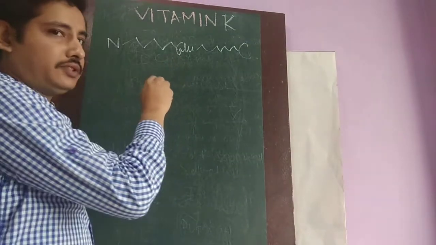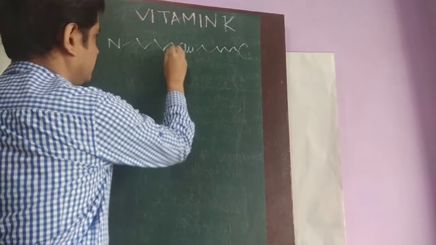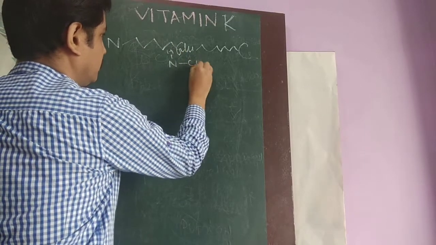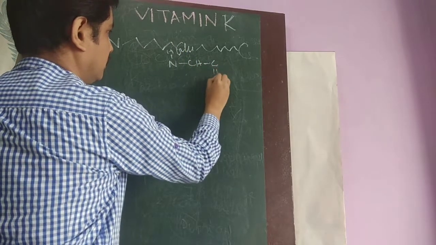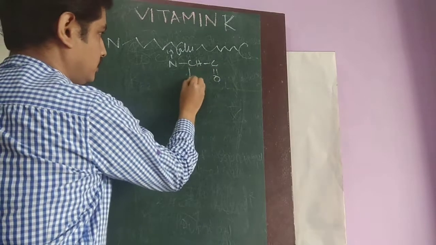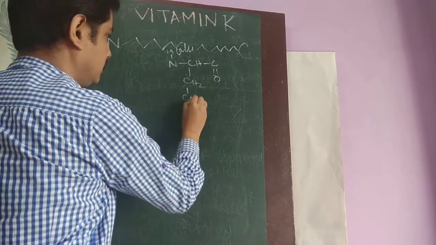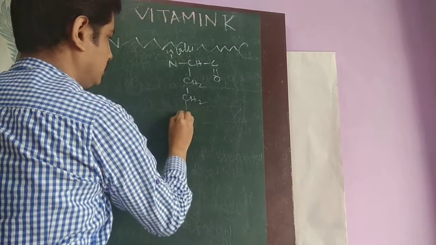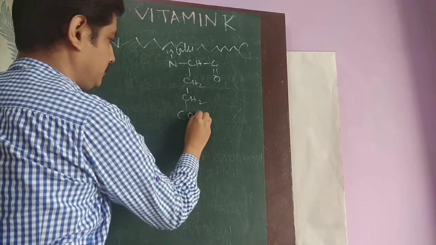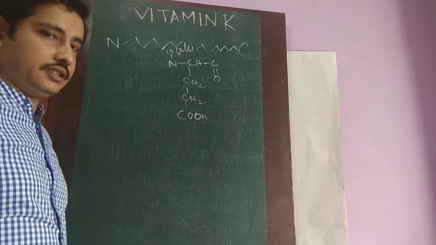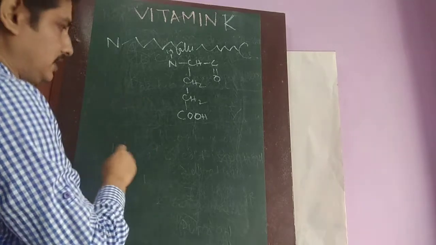The structure of glutamate you all know: amino group, carboxyl group, then at the gamma carbon it has a carboxylic group. So this is glutamate.